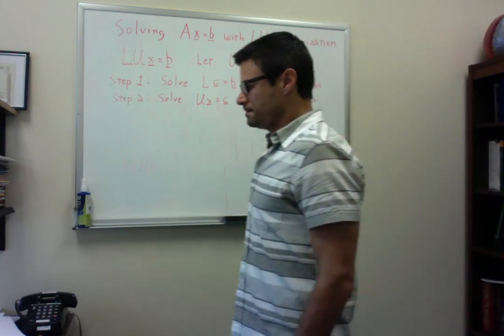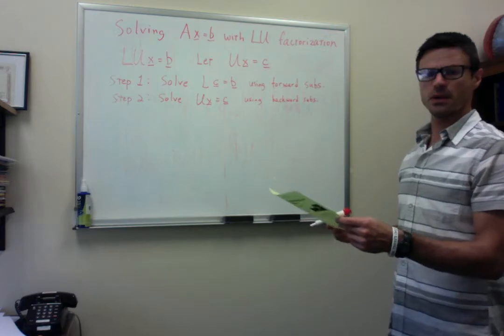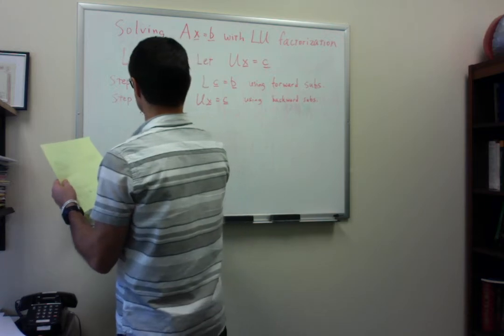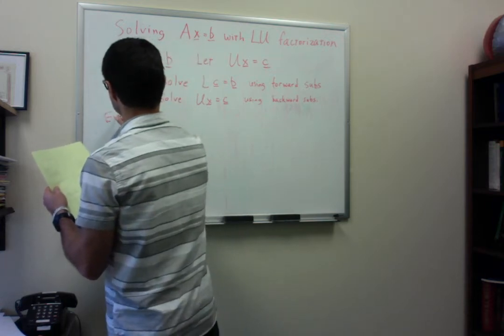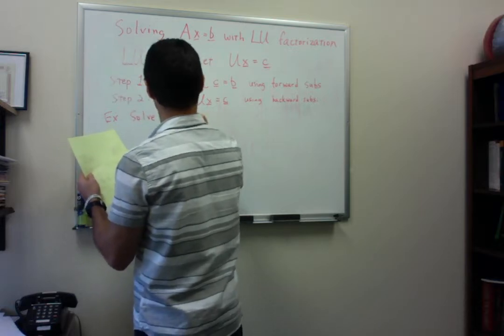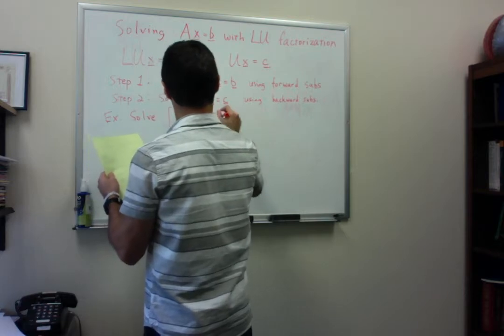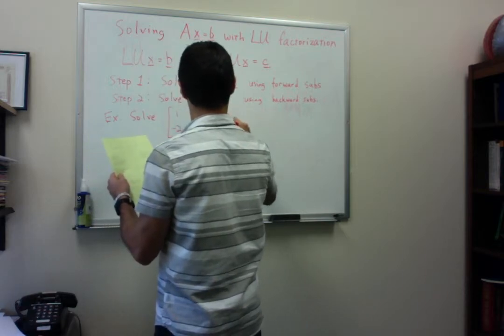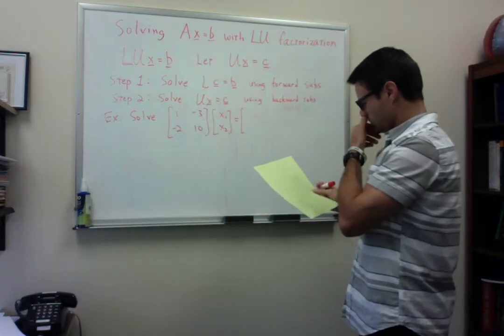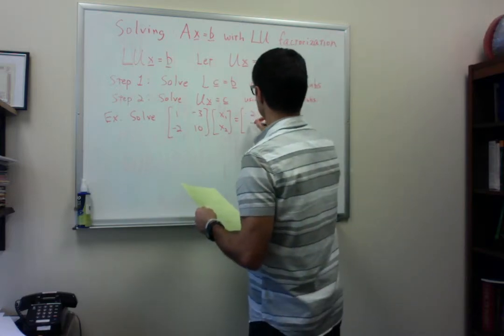So as an example, I'll take a matrix from a previous video that we've found the LU factorization for. So I'll say, let's solve the system that looks like this. So here's the matrix A, and we want to set this equal to minus 2, minus 4.